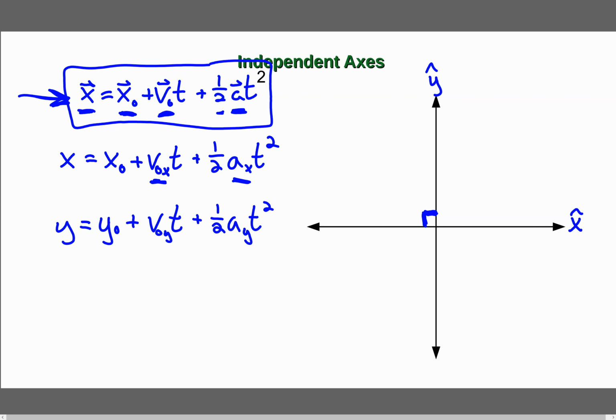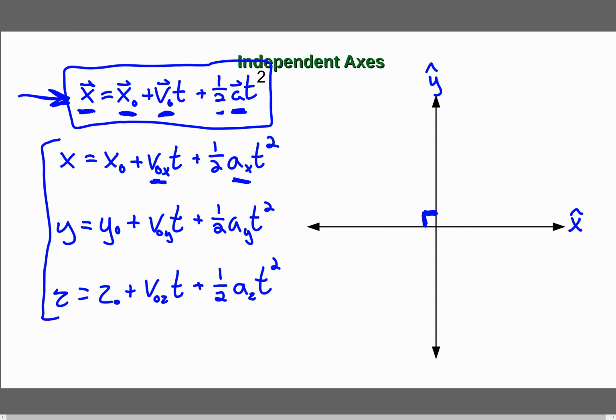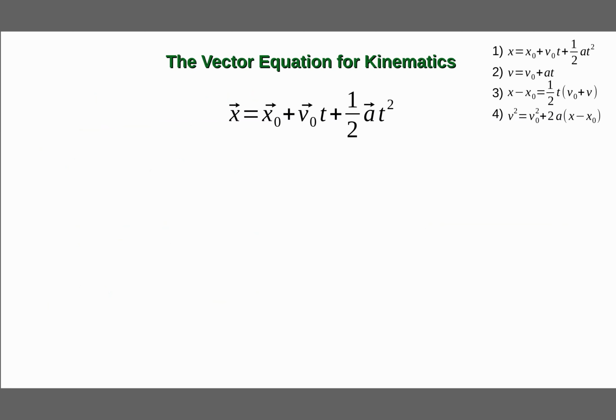And if we had a z-axis, that would be true for the z as well. So what we end up with is multiple independent equations, or a system of independent equations, out of this one vector equation. So we kind of get 3 for the price of 1 here.